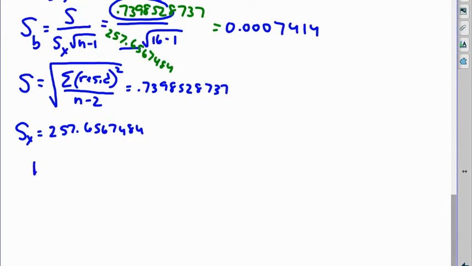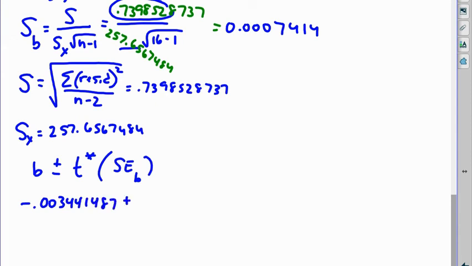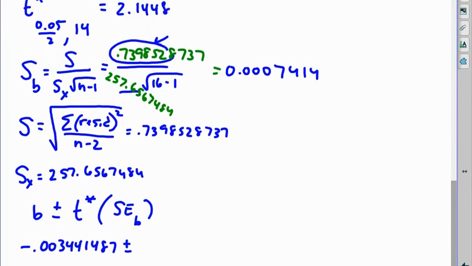Of course, that standard error of the slope is important for our interval calculation because I'm going to need my slope. I'm going to add and subtract my critical t value times the standard error of the slope that I just found. So putting those numbers all together, I'll get the exact same interval that I got using my LinRegTInt.